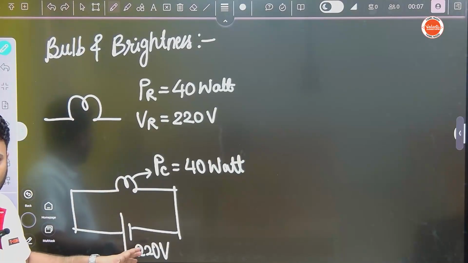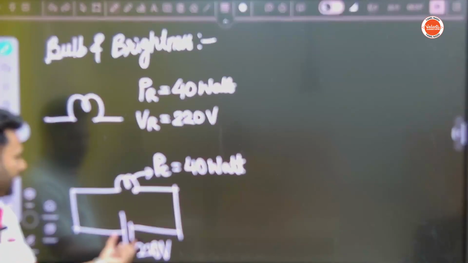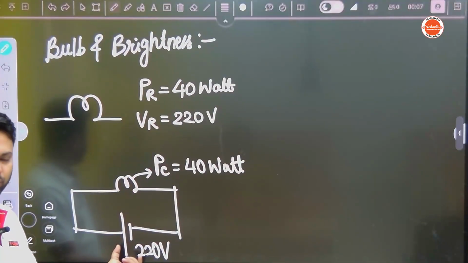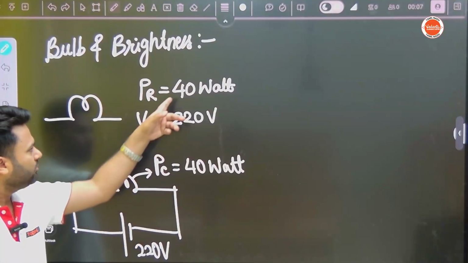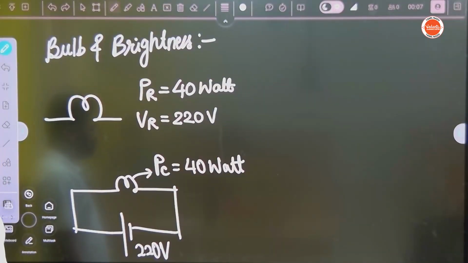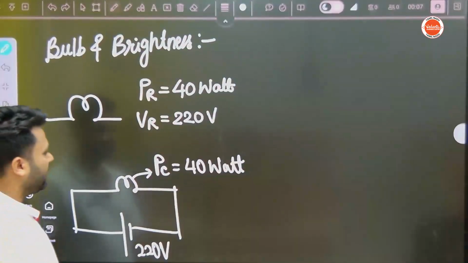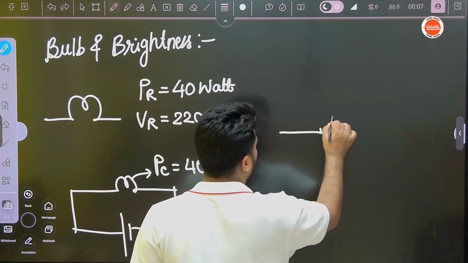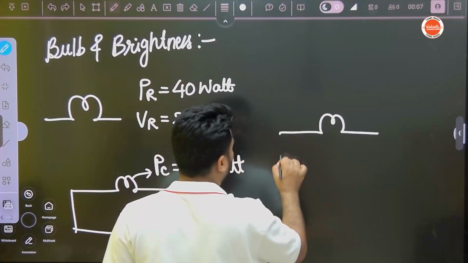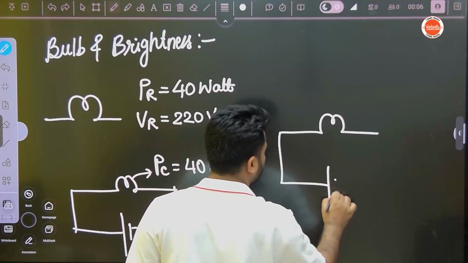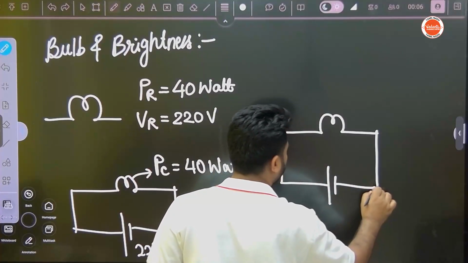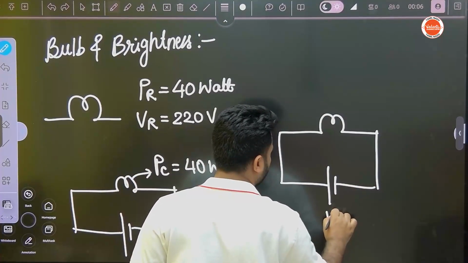But what you did, you applied this bulb across 100 volt, not 220.